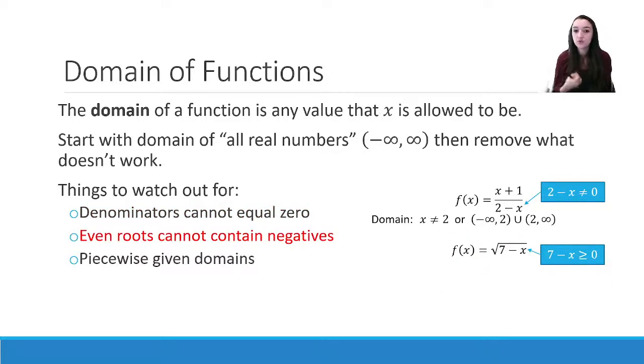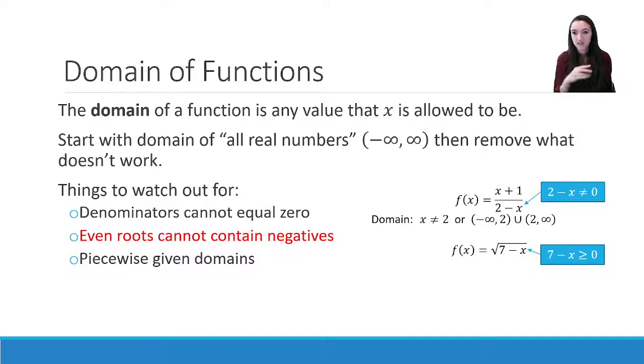Now, for even roots cannot contain negatives, what we're going to do is take anything that's inside of our even root, the entire thing under that root, and we write it as, in this case, 7 minus x has to be greater than or equal to 0. That's going to be our domain. And then we solve for x.